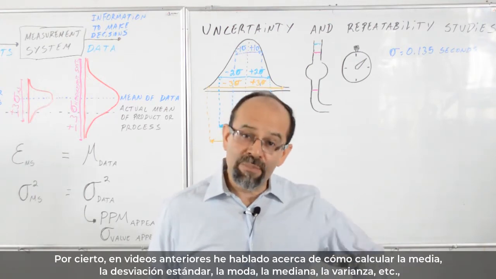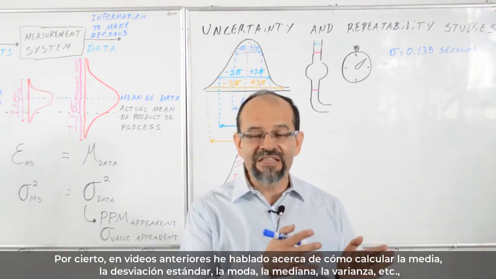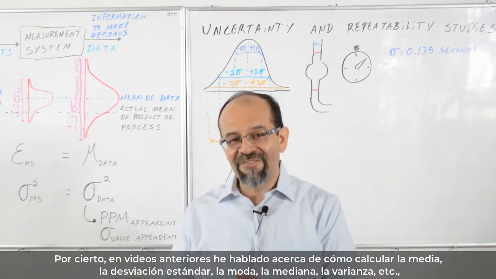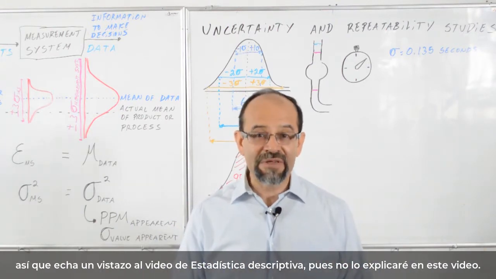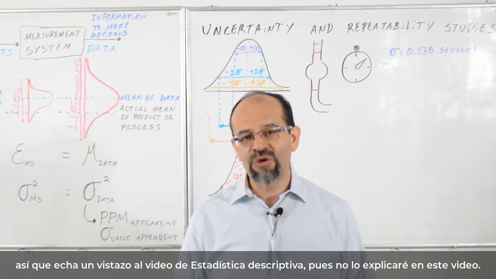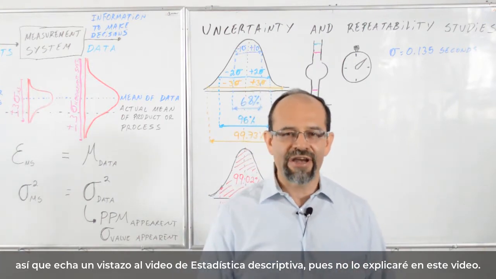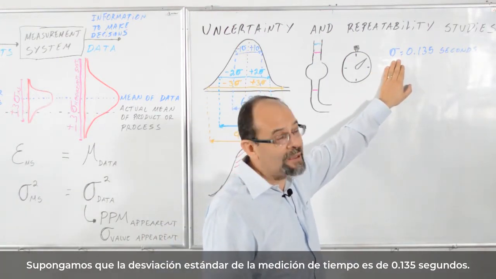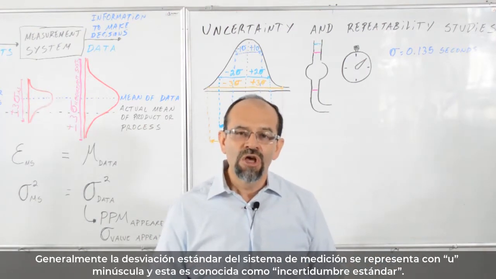By the way, in previous videos, I have talked about how to calculate the mean, the standard deviation, the mode, the median, the variance, all of that. So take a look at descriptive statistics. There's a video about descriptive statistics, and I'm not going into those details right now. So let's say that the standard deviation of time is 0.135 seconds.